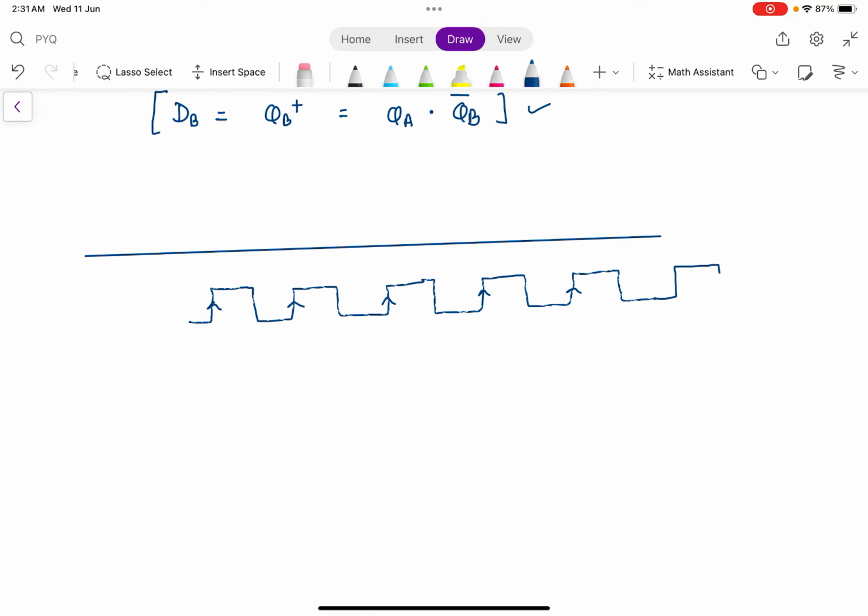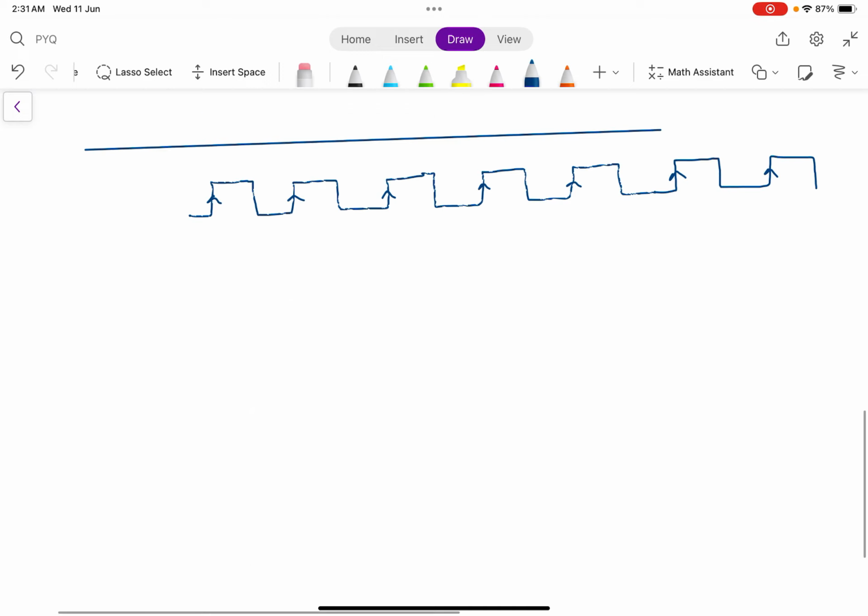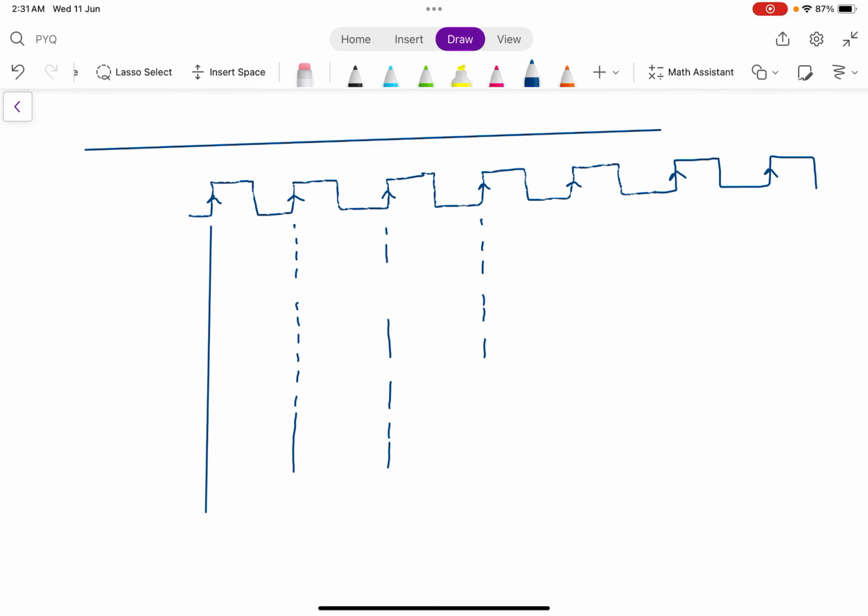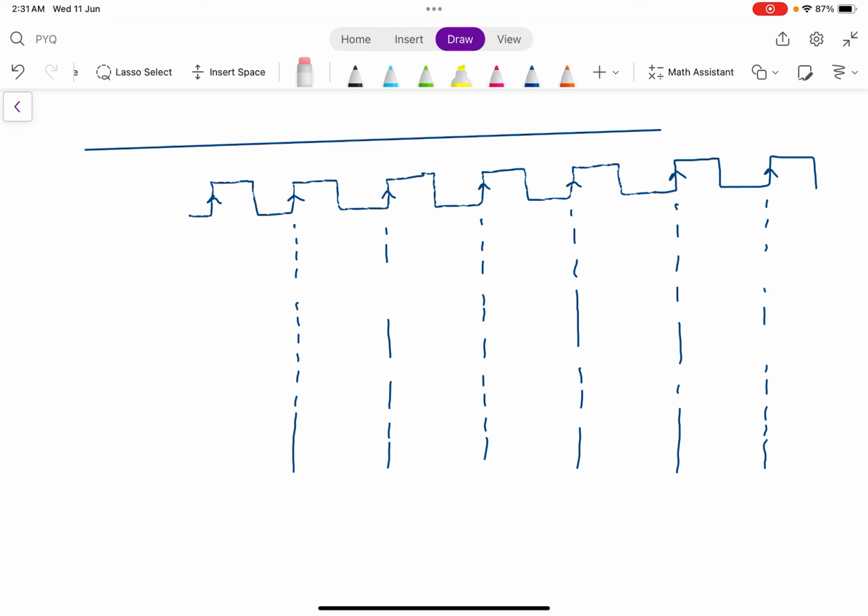Let's take two more clock pulses. We should always draw these clock pulses for better understanding, and no matter what time it takes, you will get your answer correct. This is your clock signal.